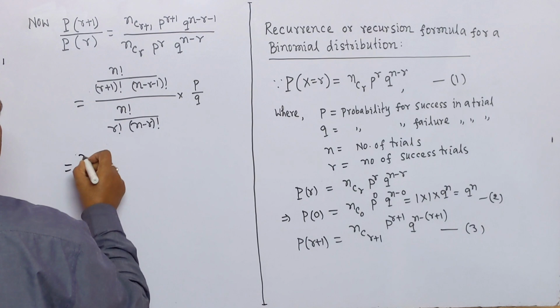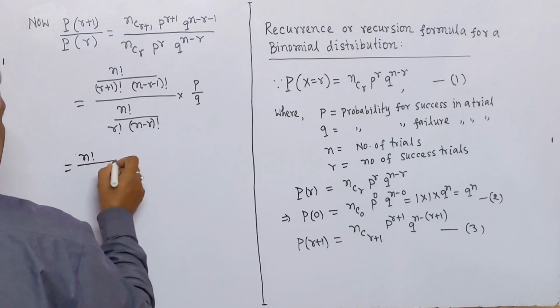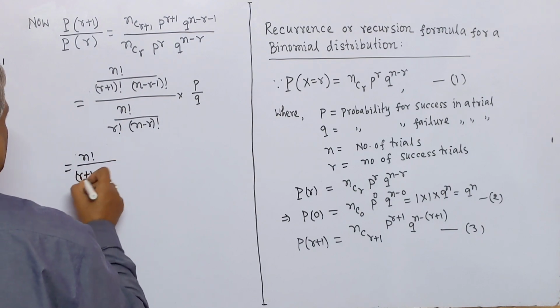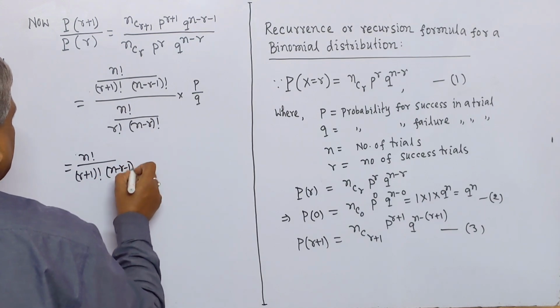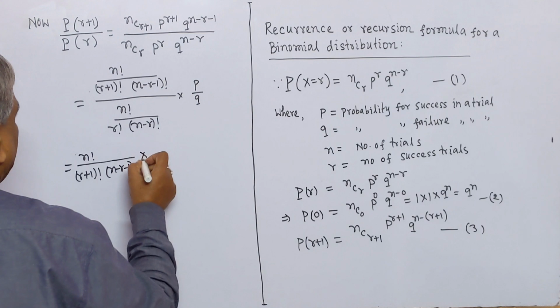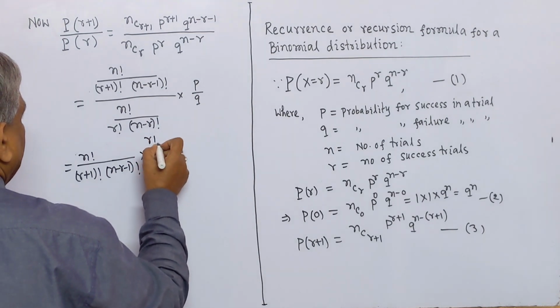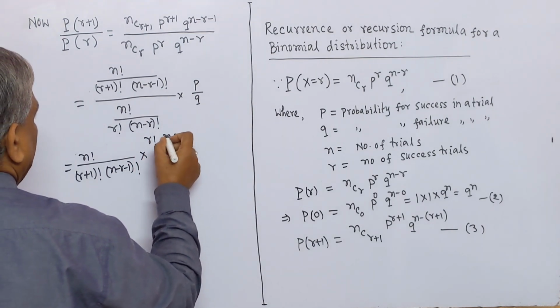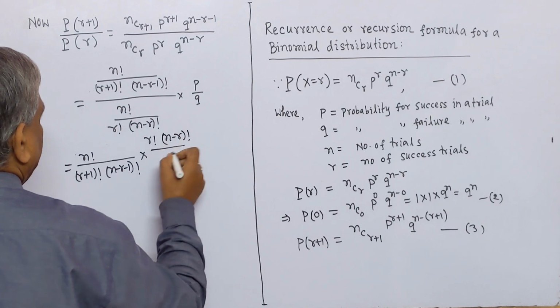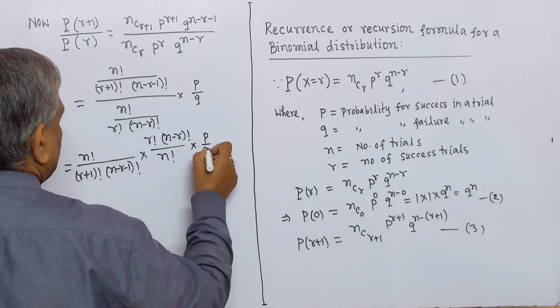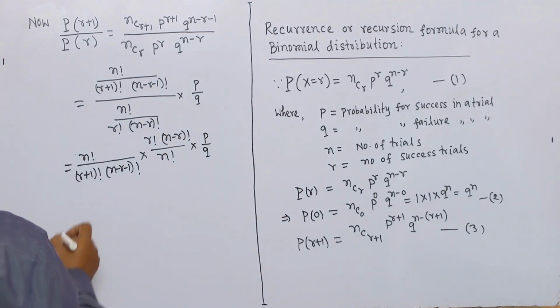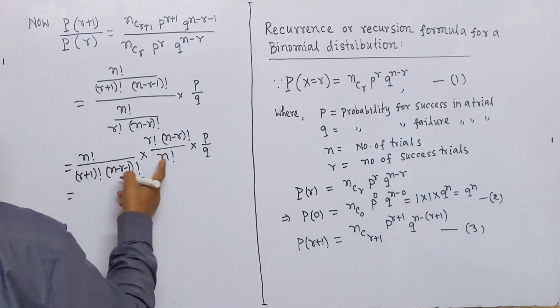This equals factorial n by factorial (r+1) factorial (n-r-1) multiply factorial r factorial (n-r) by factorial n, here p by q. Here factorial n cancels.